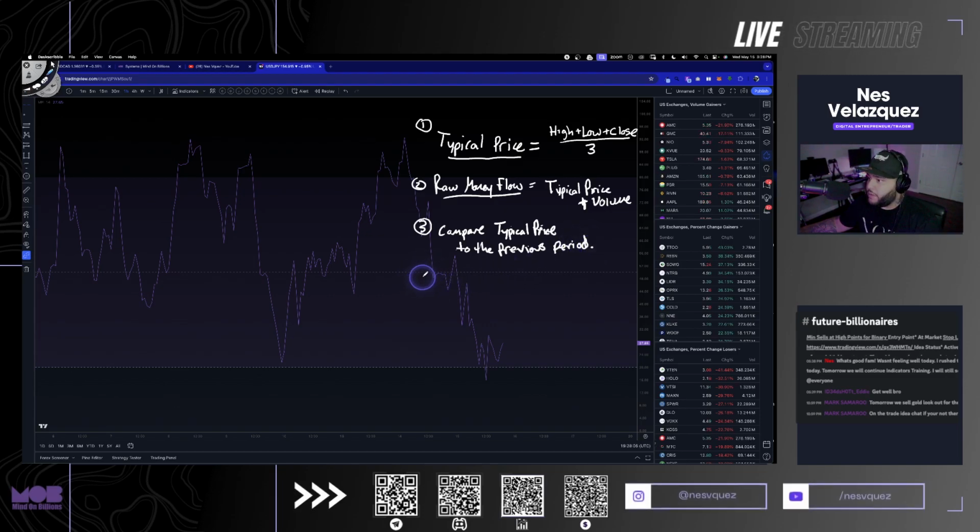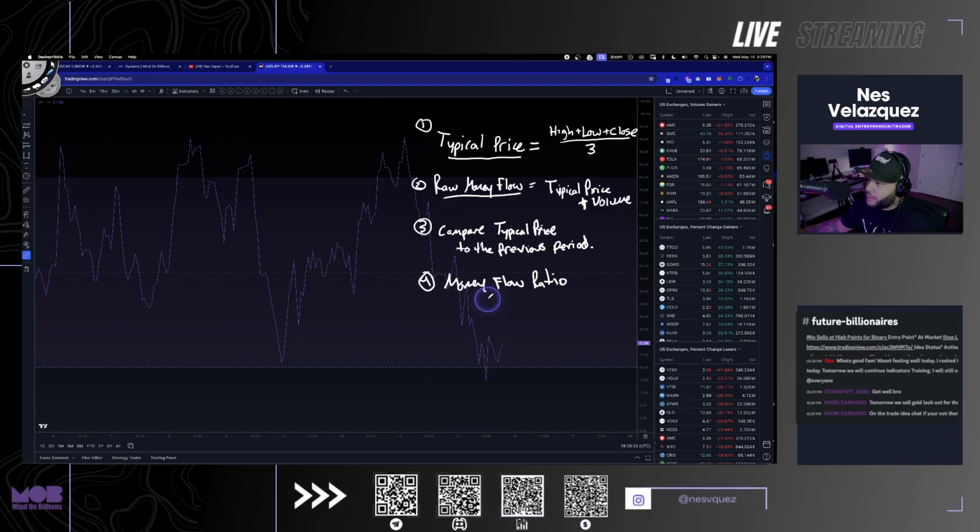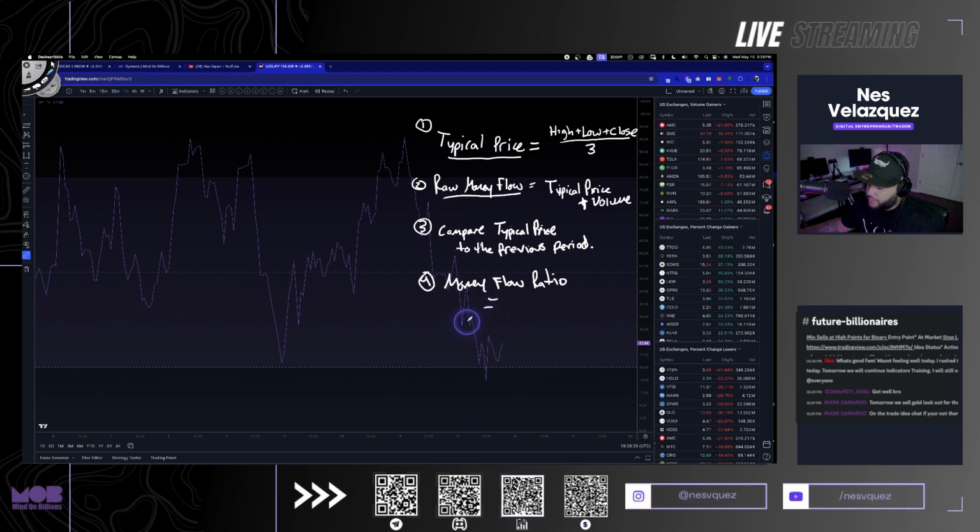Number 4, the fourth calculation, the money flow ratio. And here is the money flow ratio.